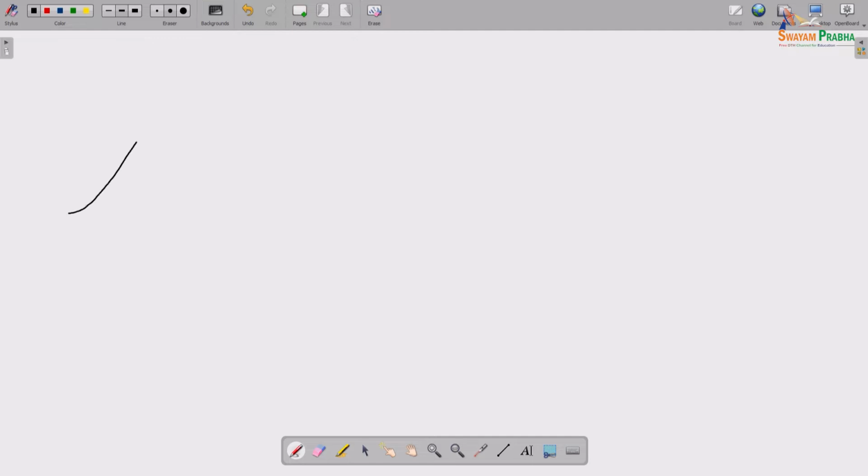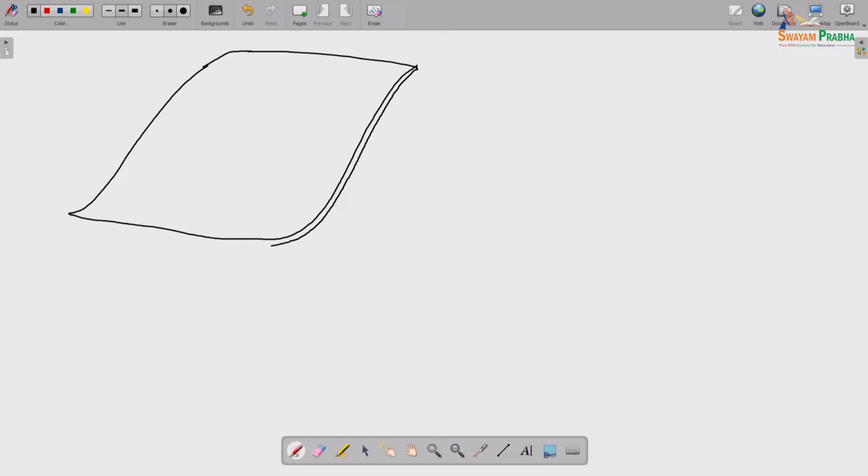Now, I have this curved surface, which is an arbitrarily curved surface, and it looks something like this.